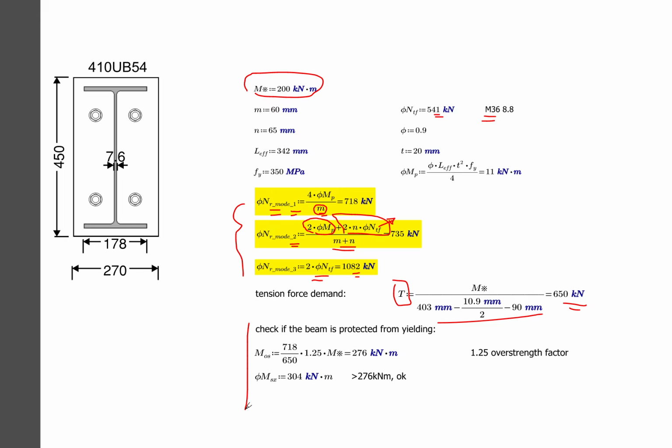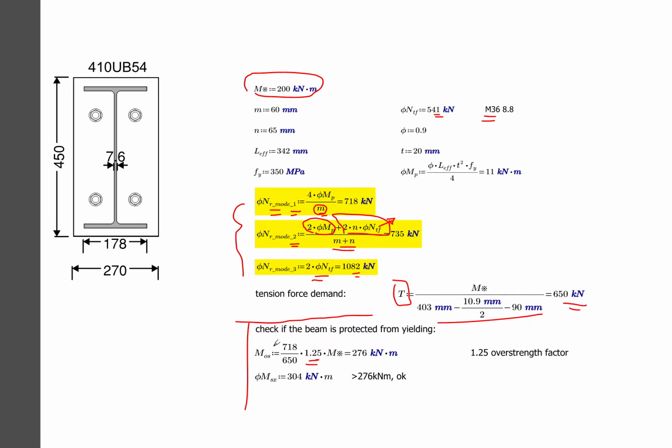Because of that, if you're using a capacity design, we make sure that the fuse is yielding and that the steel member is intact and protected from yielding. So we need to use an overstrength factor of 1.25. You can check that in the table in 3404.